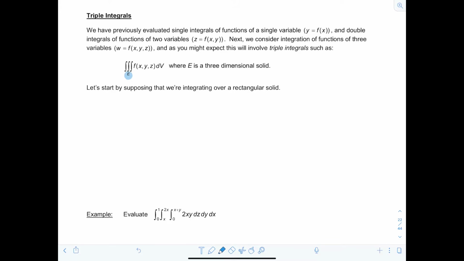So let's start by supposing that we're integrating over a rectangular solid to talk about what the process is going to be, and then from there we'll generalize as to how to integrate over other kinds of solids. So as always, when we set up our idea for integration, we cut the solid into small pieces, which, if we're assuming it's a rectangular solid, are going to be small rectangular solids.